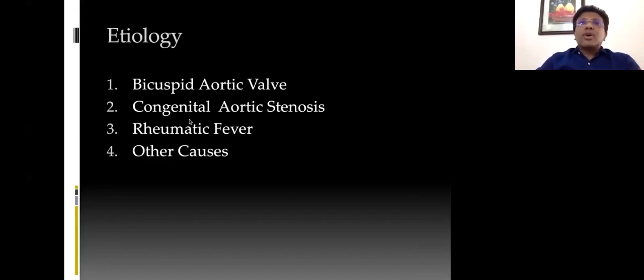So the commonest cause is abnormal aortic valve. It can also be produced by rheumatic fever. Aortic stenosis also can be produced in the elderly because of calcific changes and dystrophic changes which happen in the aortic valve. Today, we'll focus on bicuspid aortic valve and congenital aortic stenosis.